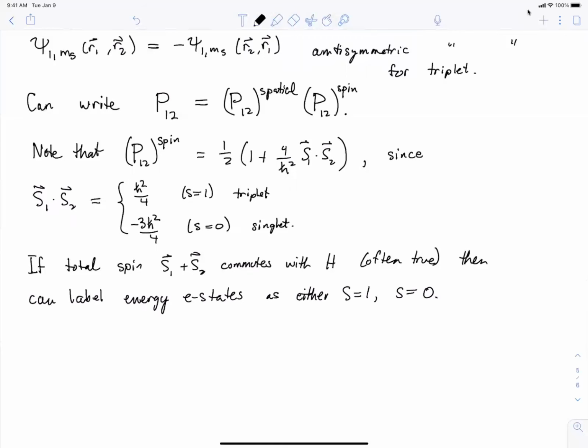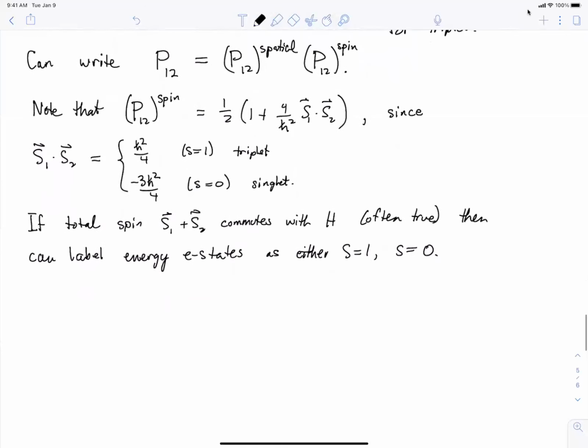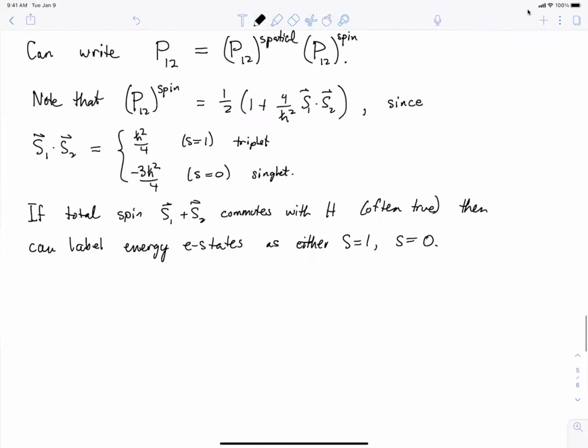Now, before we go on, we're going to assume this going forward, but it's important to realize when it's not true. One case where it's not true is the spin-orbit coupling in the fine structure. Because the spin-orbit coupling is S dot L, right?